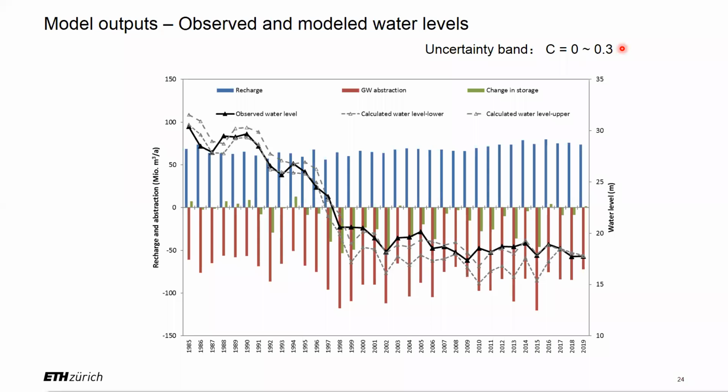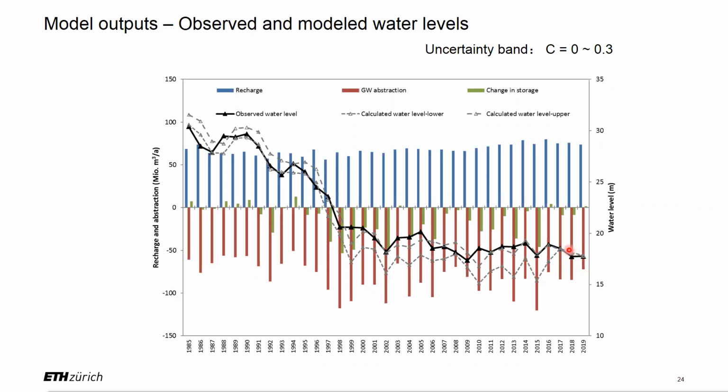So we need to introduce this C value, the ratio of deep water and surface water use, to identify the water from the deep and shallow aquifers. So there is an uncertainty band. You see, for the years from 2017, we have better electricity data. So we have a determined calculated water level without the uncertainty band.